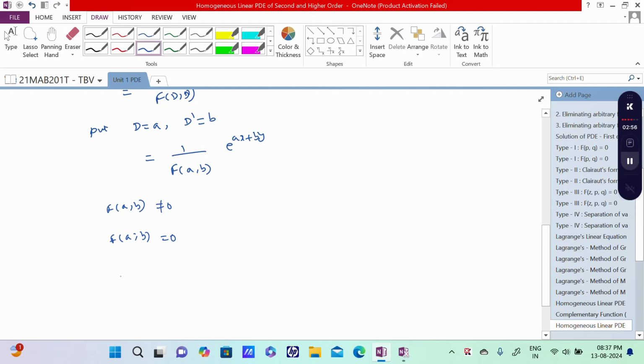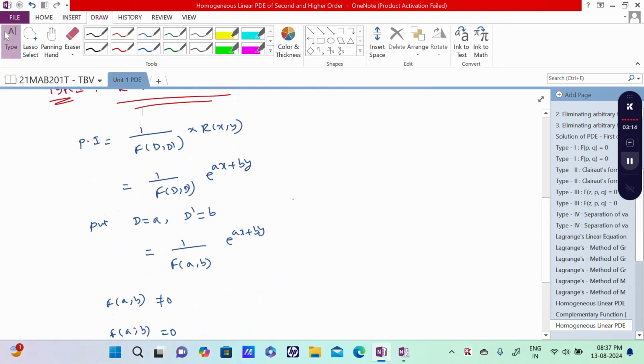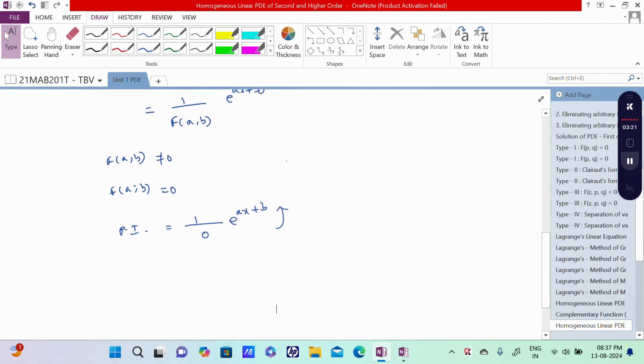For example, the particular integral is 1 divided by 0 times e power ax plus by, then you just move on to the previous step. What is the previous step? The previous step is nothing but the equation. We consider this equation as 1. Now we are going to shift to the previous equation number 1, in this equation, the numerator and the denominator.